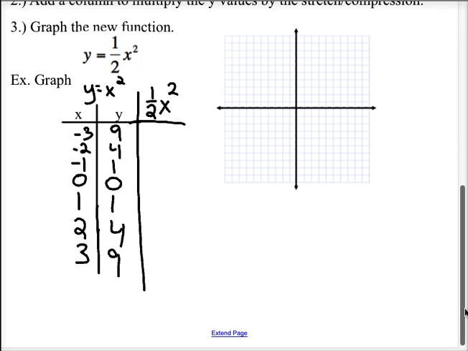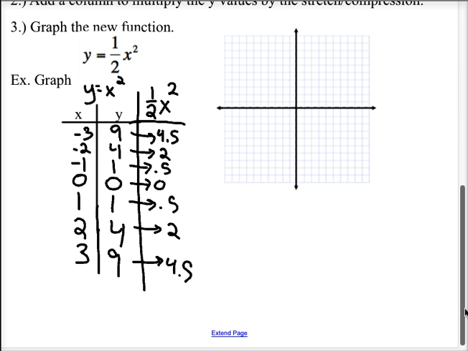So all I'm going to do is take each of these values and multiply it by 1/2. So I've essentially created a new column. All right, and those are the points that I'm going to graph.